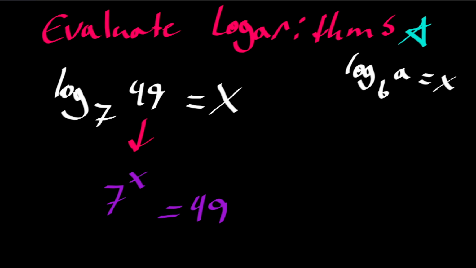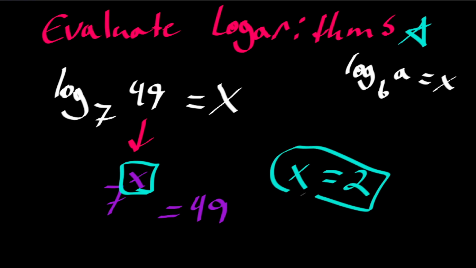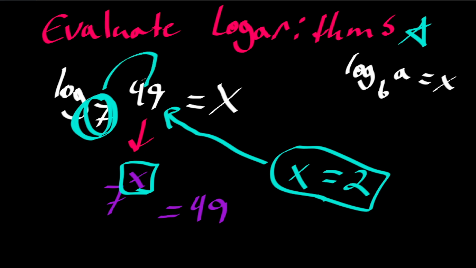Then the calculator is basically asking, what does this exponent have to be to make this true? And x would have to equal 2. Therefore, log base 7 of 49 is equal to 2. So essentially, when you're doing a logarithm, you're taking the base and asking, what would the power of that base have to be to get this number right beside it? That's what you do when you evaluate a logarithm.